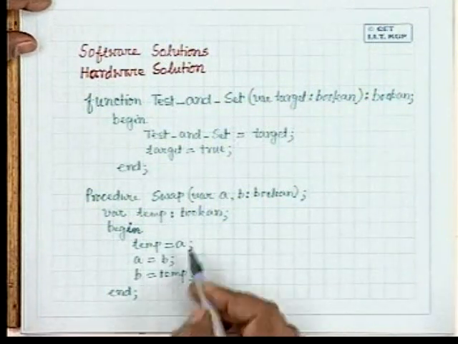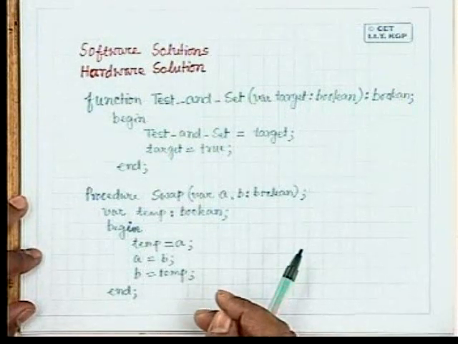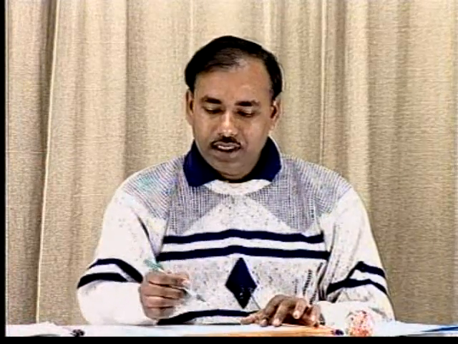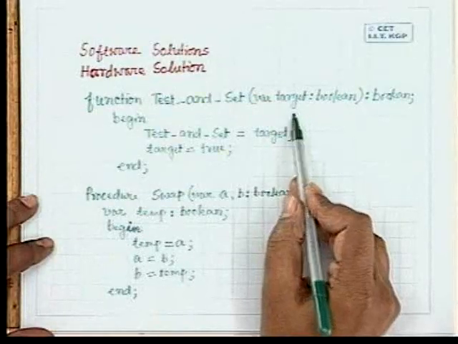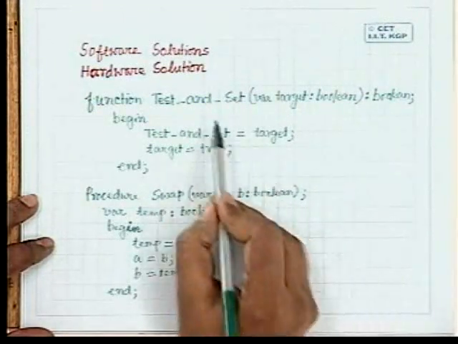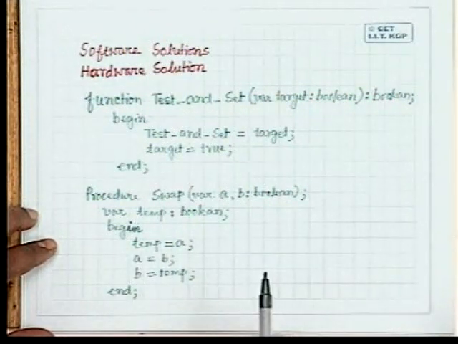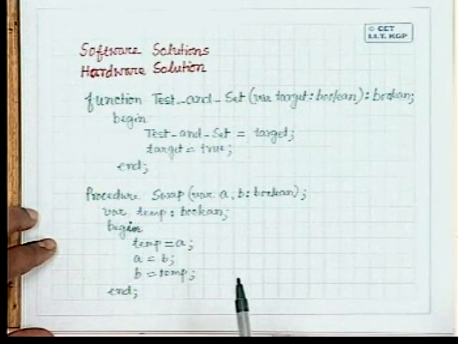So what it does is it simply interchanges the values of a and b. Depending upon the initial setting of the target or initial values of these variables a and b, I can use either test and set or swap to provide a solution to the critical section problem.